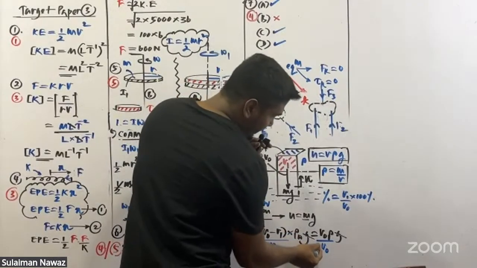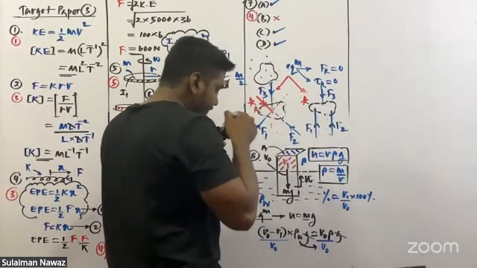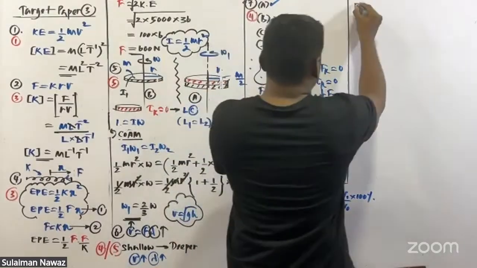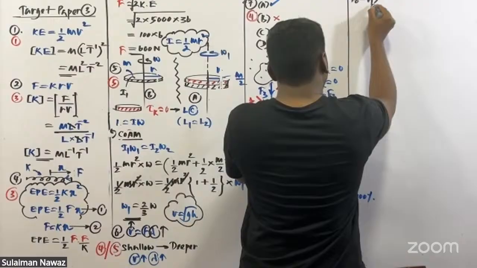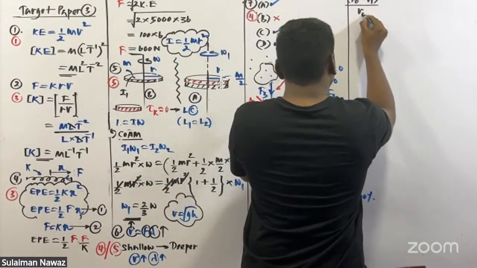Shall I move rho W to that side? If I move rho W to the right side, then I can write V naught over V naught minus V1 over V naught.